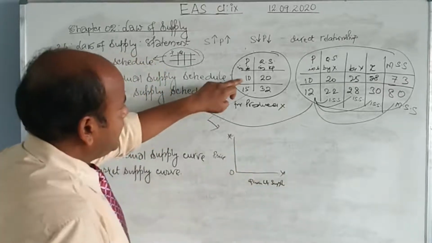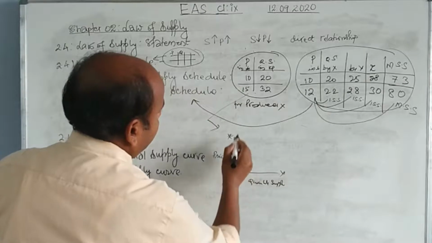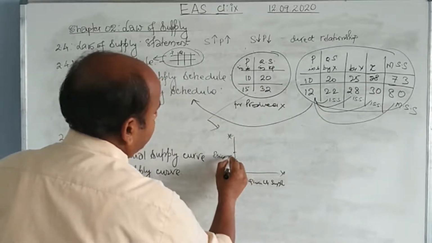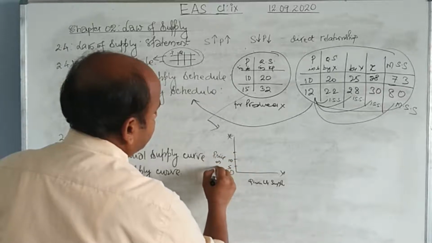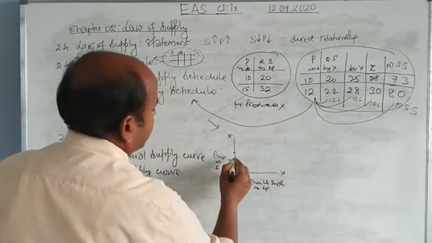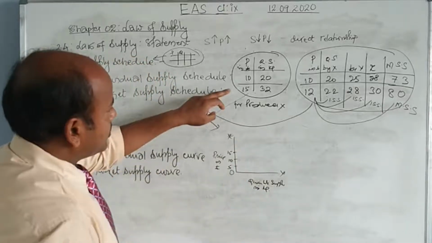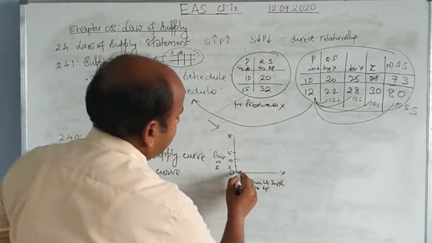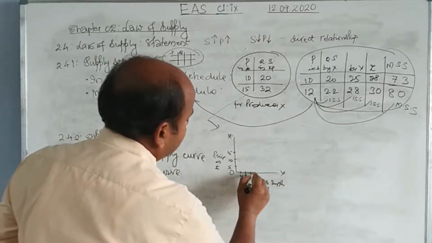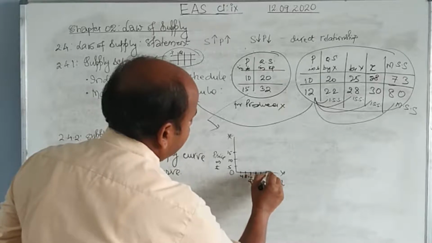For price 10 and 15, you can make a margin of 5, 10, 15. You must write price in rupees. These are quantity supplied in kg. Since the units are 20 and 32, you can make 4, 8, 12, 16, 20, 24, 28, 32.